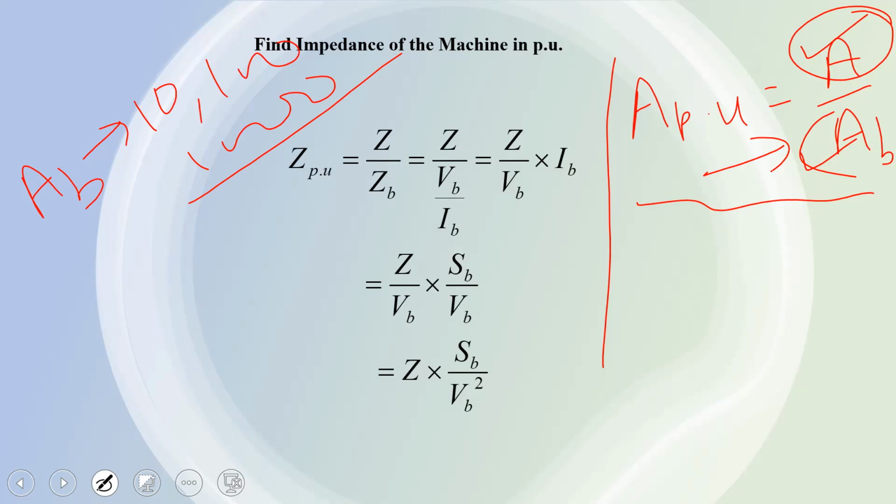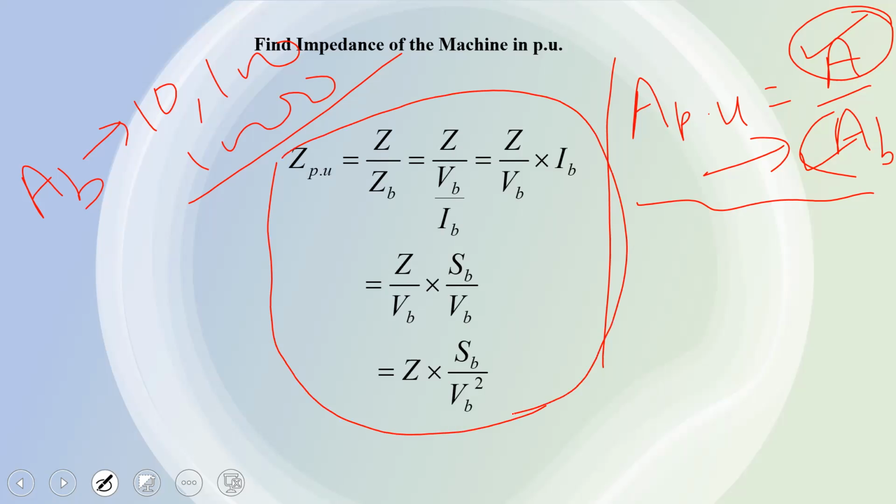And the second, I have derived this formula. Using this formula, you can convert the value of impedance, resistance, reactance, which are given in the conventional unit, into per unit. So the formula is: the value of impedance in per unit will be equal to its actual value, which will be in ohm, into base volt ampere divided by square of base voltage.